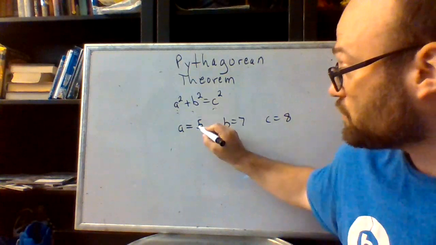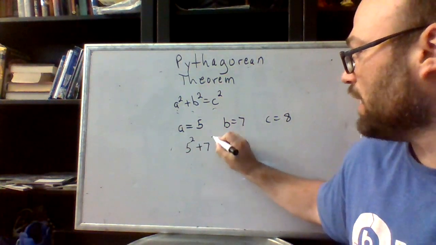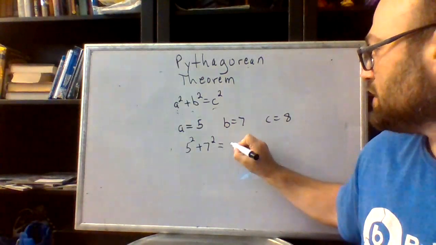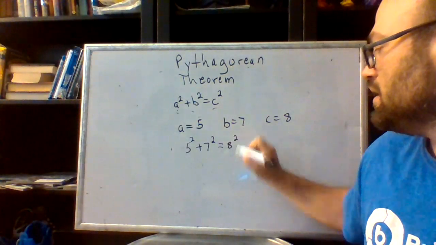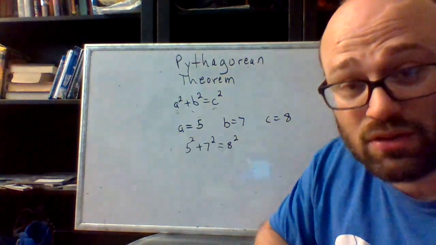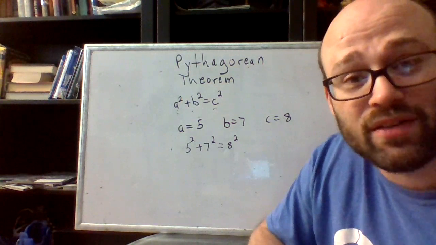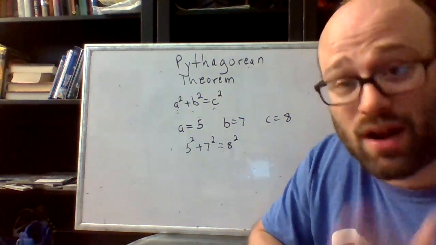So 5 squared plus 7 squared equals 8 squared. So we can find out whether this is actually a triangle. Now we know it makes a triangle because the triangle inequality theorem states 5 plus 7 is 12. 12 is bigger than 8. So therefore, this is a triangle.